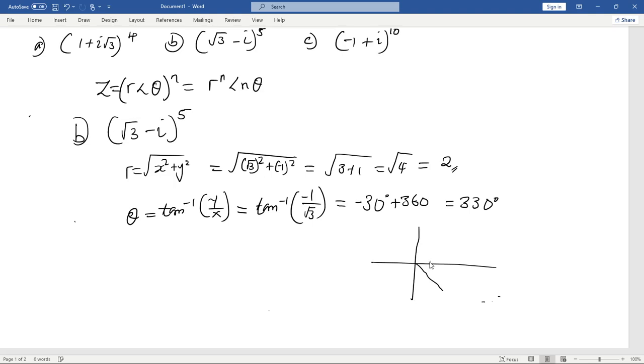Our angle of reference starts from here all the way up to this edge. The 30 degrees is this angle that we have inside here, but the value for theta, we measure starting from this point all the way up to this edge. Okay, so now let's get to the desired answer.